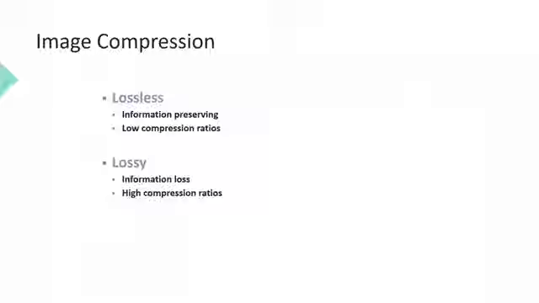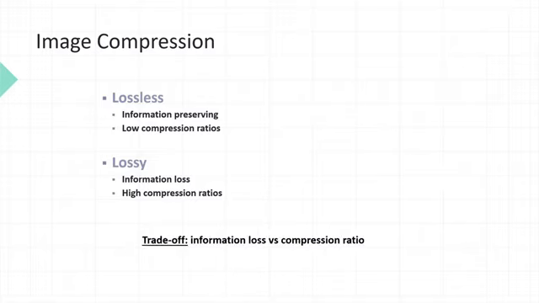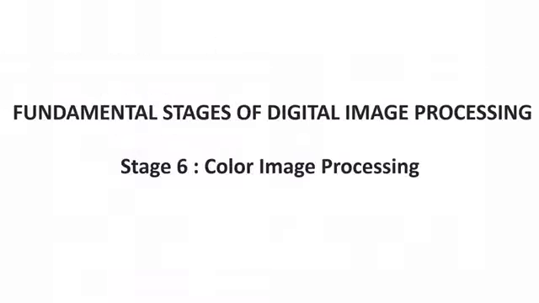The trade-off in image compression is mainly always done between information loss and its compression ratio. Always we should have a graphical analysis of how much information is lost relative to its compression ratio. If it is optimal, then only we should go to a particular type of image compression algorithm. Otherwise, we should not go to it. That is the main thing we should remember in image compression.